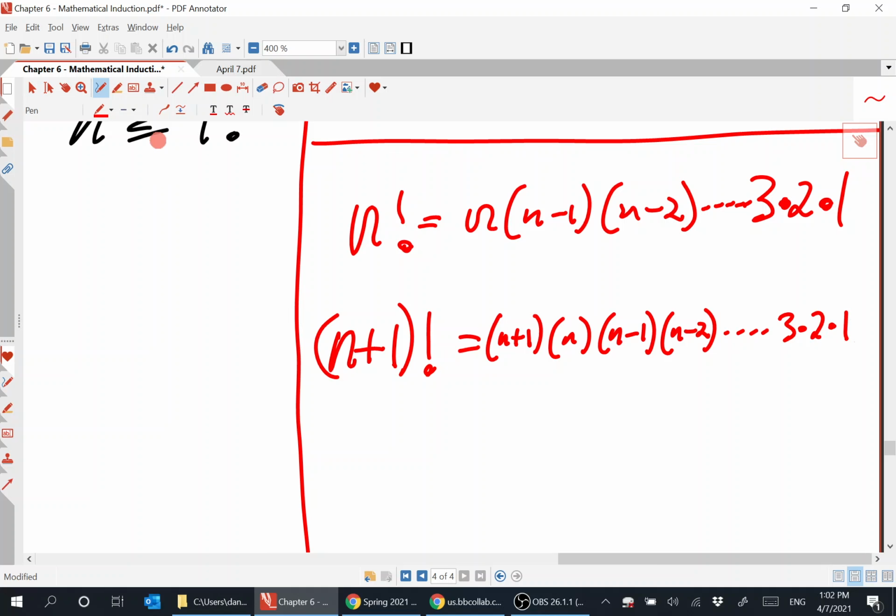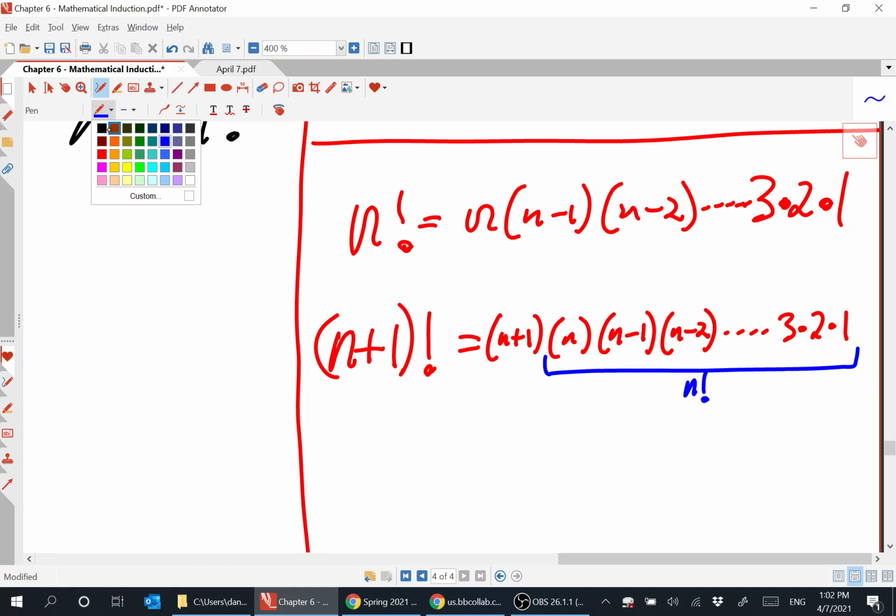All right, what's this here? N factorial. It's n factorial, right? So n plus 1 factorial is equal to, in general, n plus 1 times n factorial.